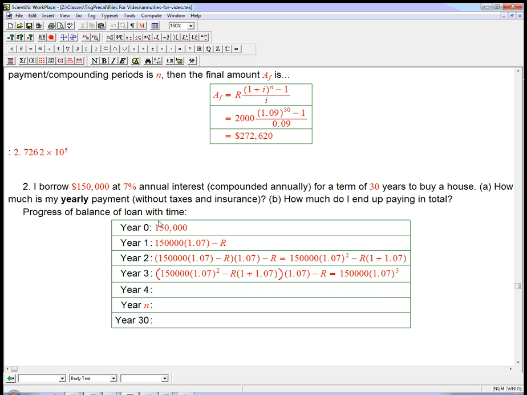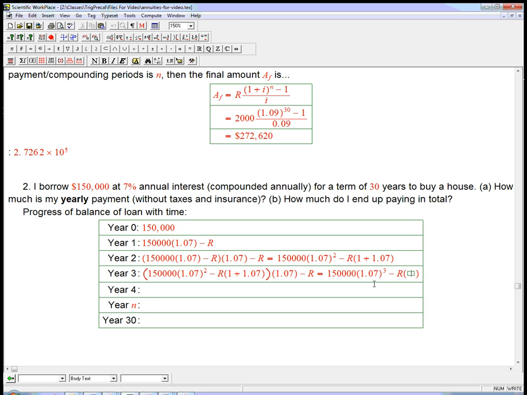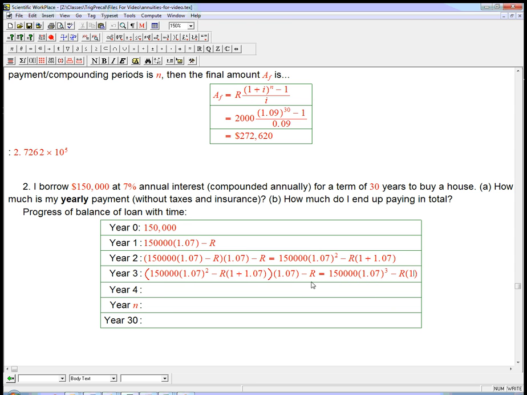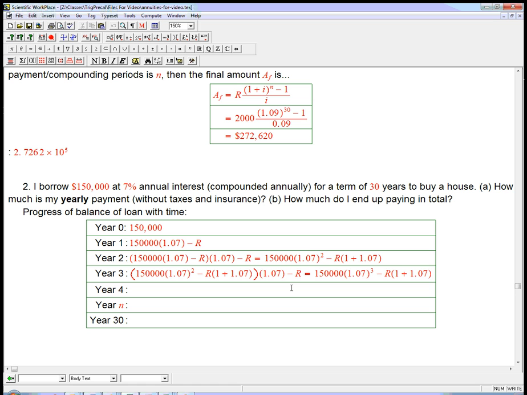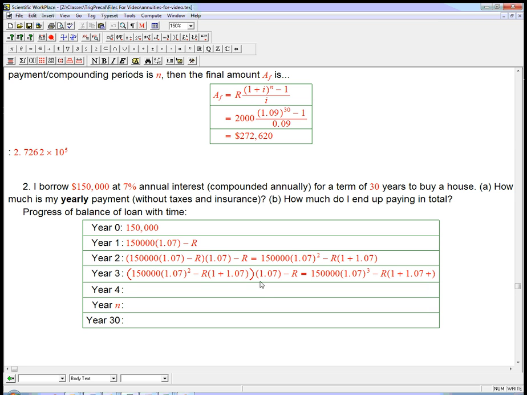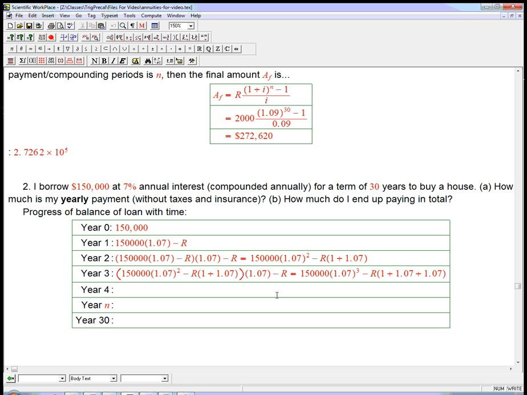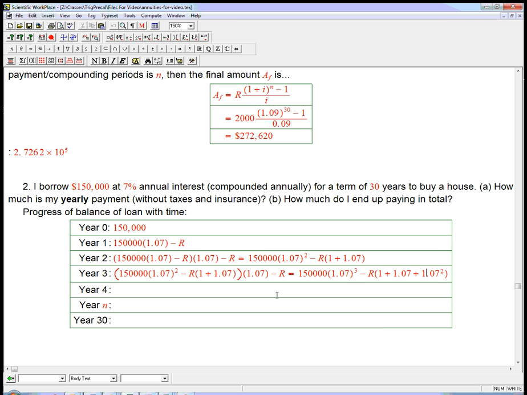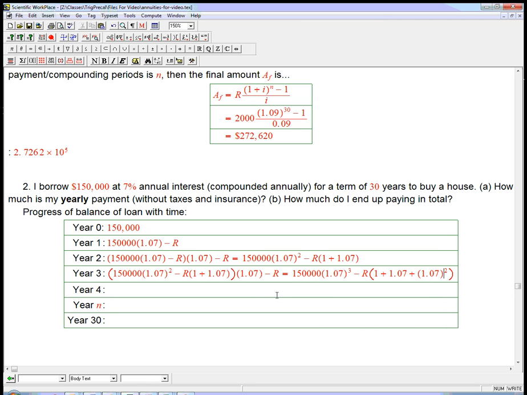Notice that 150,000 times 1.07, 1.07 squared, 1.07 cubed, that's just ordinary compound interest. And then we've got an R in everything else. This is just R times 1. Here, you've got R times 1.07. And then R times 1.07 times 1.07, which is 1.07 squared. Let me put that in parentheses. Aha! I think we can guess what's going to happen in year 4.